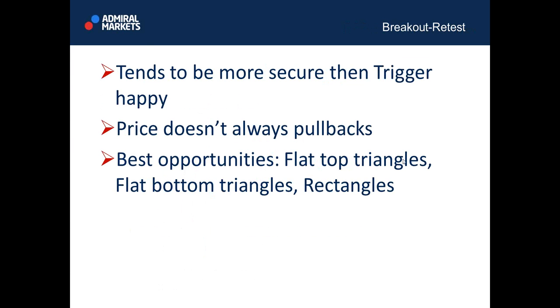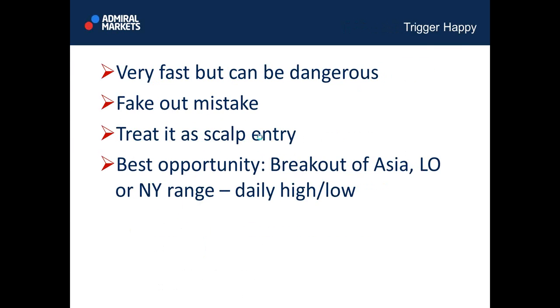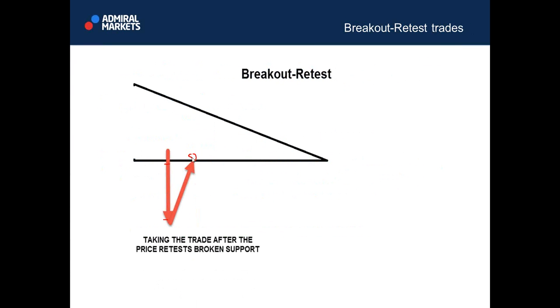Best opportunities: flat top triangles, flat bottom triangles, and rectangles. Okay, so price does not always pull back. Generally it does, but not always, okay? So the thing is, trigger happy is the fastest way. It's not the best way, but still it can give you pips.